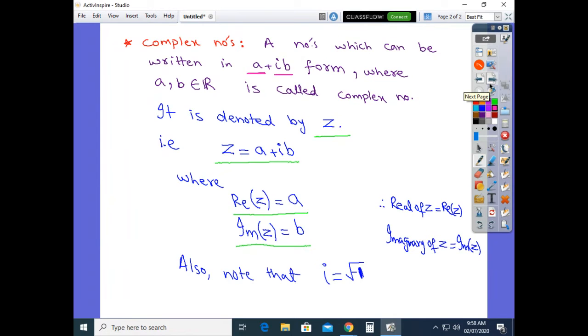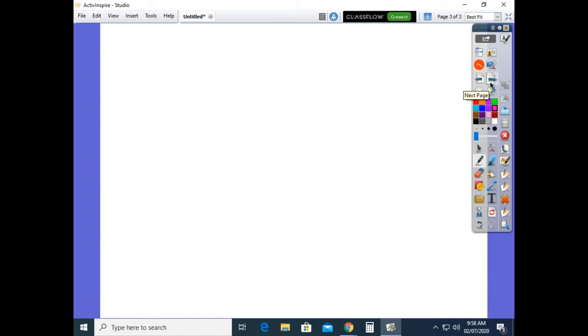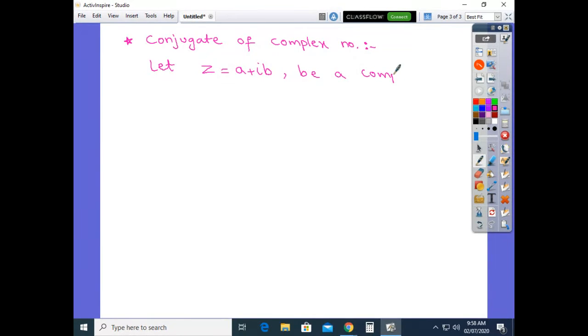Clear? Then next, conjugate of a complex number. Here we study the theory of a complex number. The next definition is the conjugate of a complex number. Let z equal a plus iota b be a complex number.